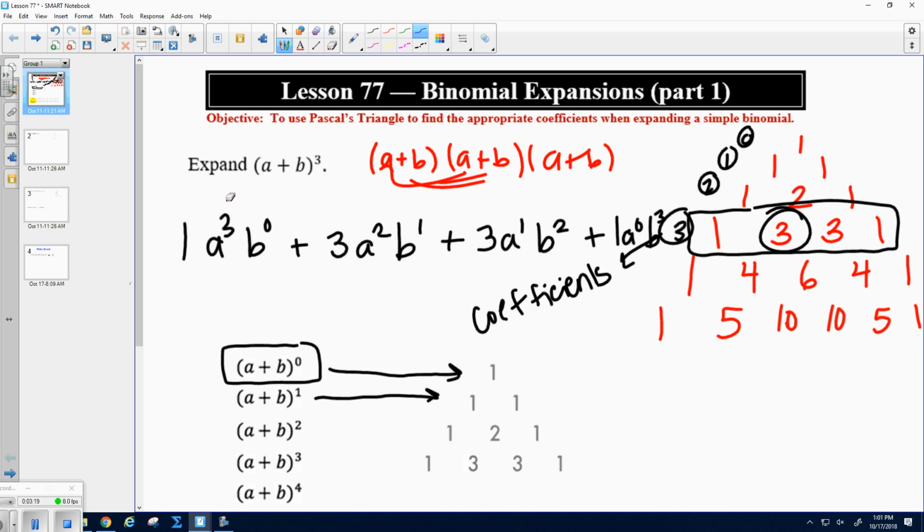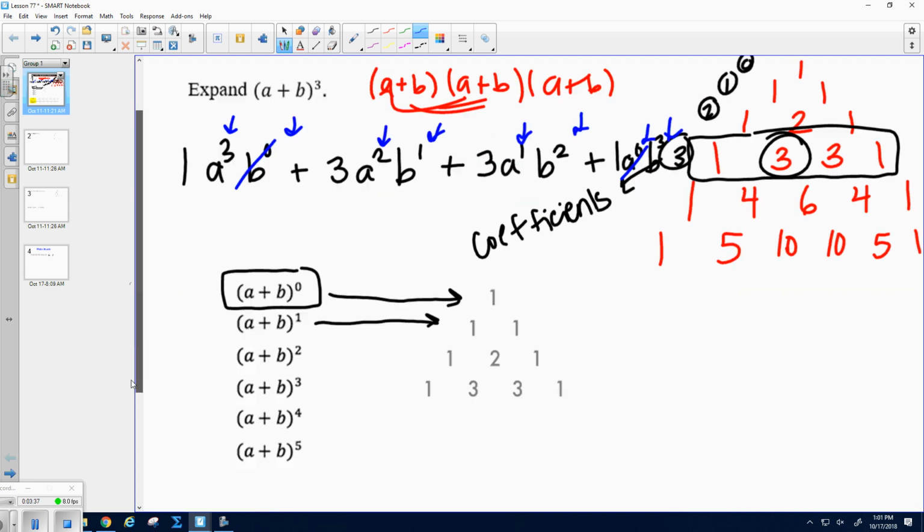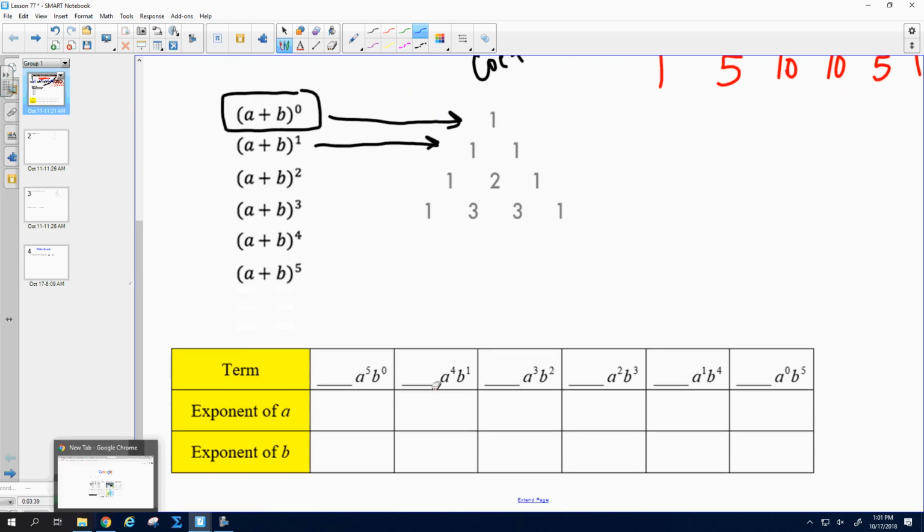So notice my a's went 3, 2, 1, and 0. And my b's went 0, 1, 2, and 3, by exponent. Do I need to write these things that are to the 0 power? No, I probably would not. Okay, so just keep on expanding and building your triangle. So we just did this. If you want to fill this in here, you can, or maybe you already did.